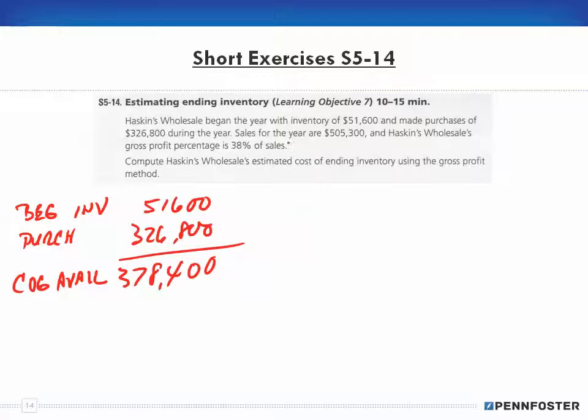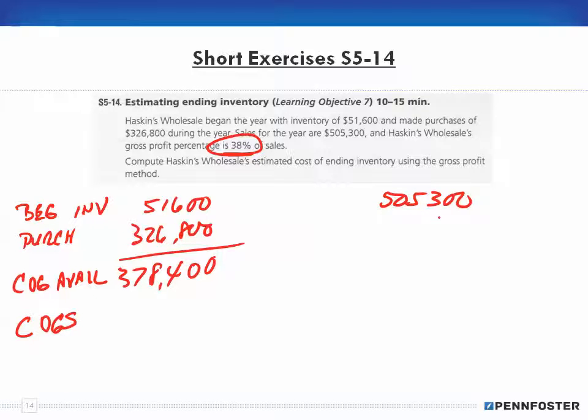Now we have to estimate our cost of goods sold, because this is what's available and we have to take out our cost of goods sold. So let's make that estimation. It tells us that our revenues were 505,300 and that our gross profit percentage is 38% of the sales.